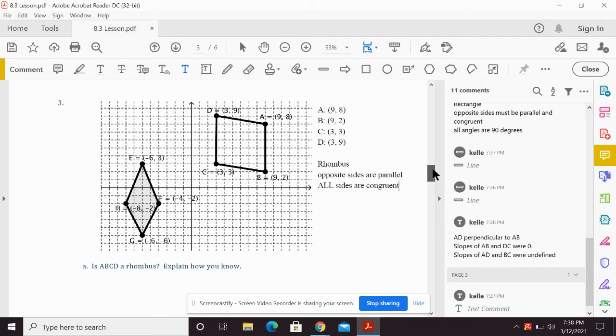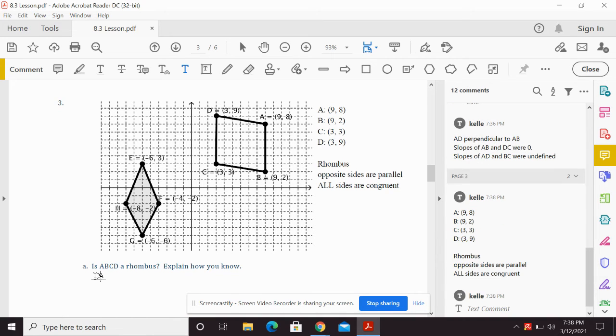I never know where to start. You can start anywhere. Let's start with, is DA parallel to CB?